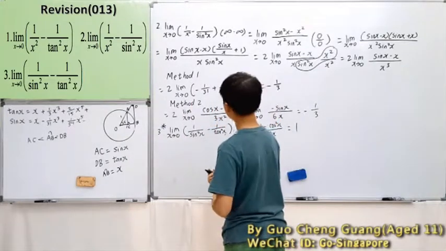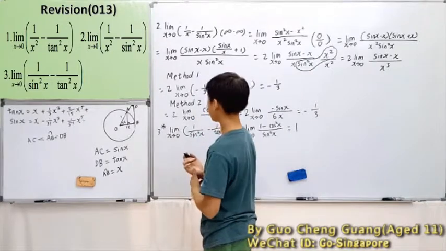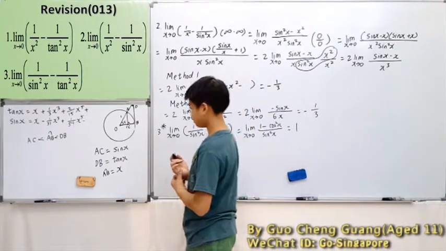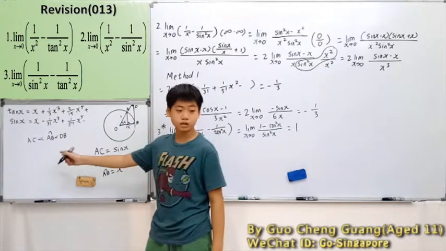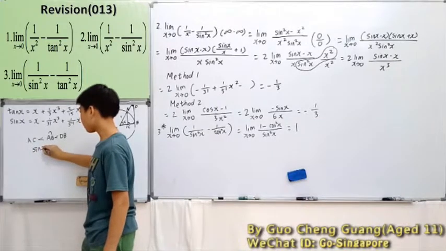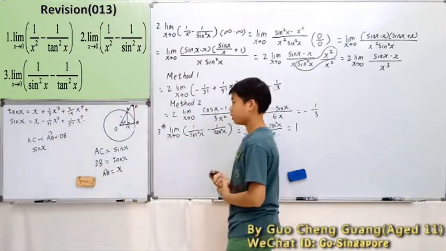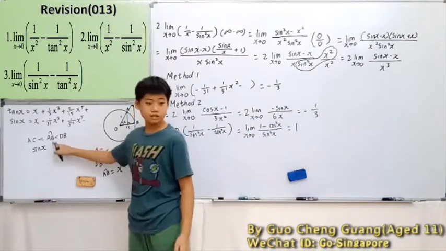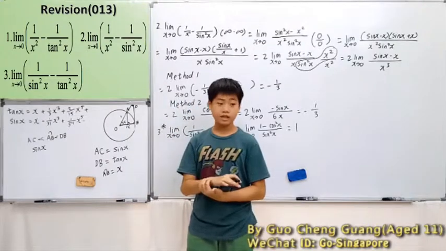Am I right? Okay. Now we get this kind of thing. But how about we try to solve this in? Now AC, what you get is a sine x. Now sine x. How about this x inside here? Is this sine x smaller than the x?